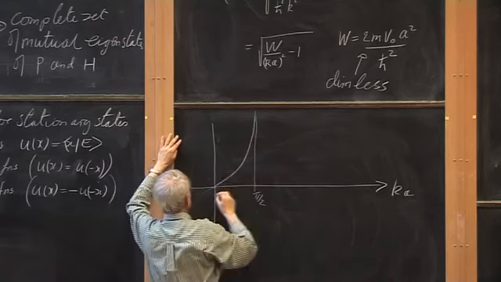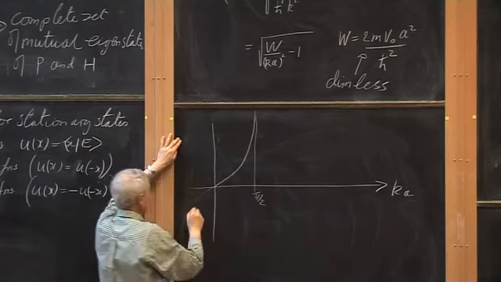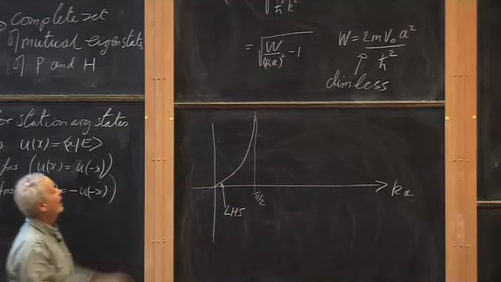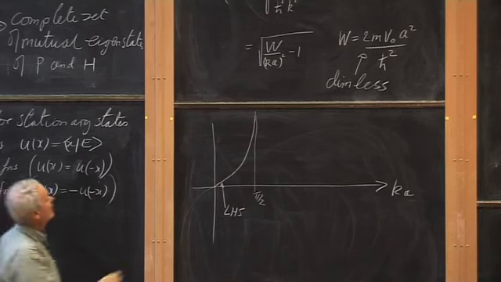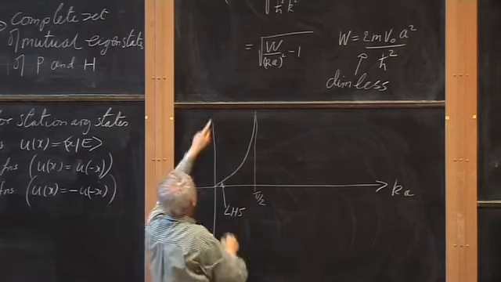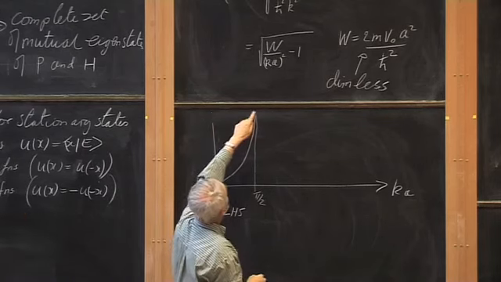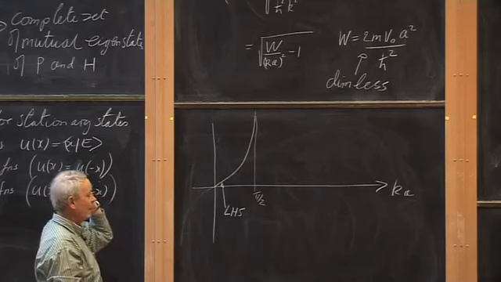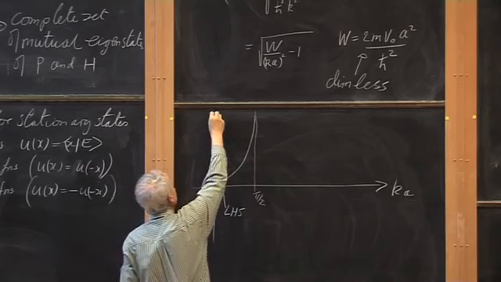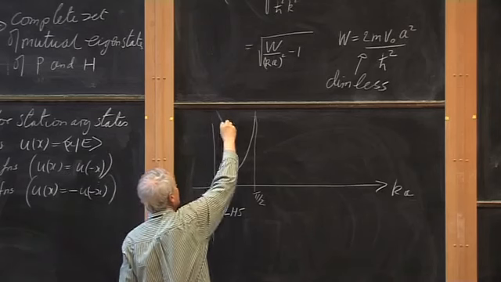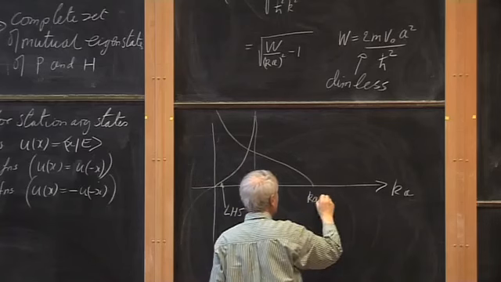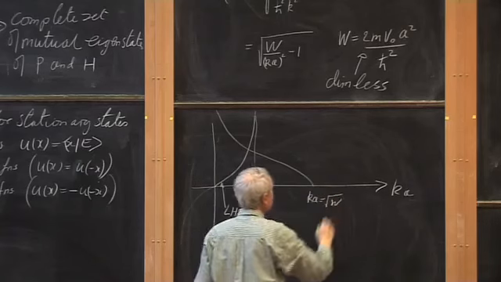So this here is the left-hand side, it's tan Ka. The right-hand side is coming down from infinity, and it's going to go to 0 when (Ka) squared is equal to w. So this right-hand side is cruising down from infinity, and it's going to go to 0 when Ka is root w.